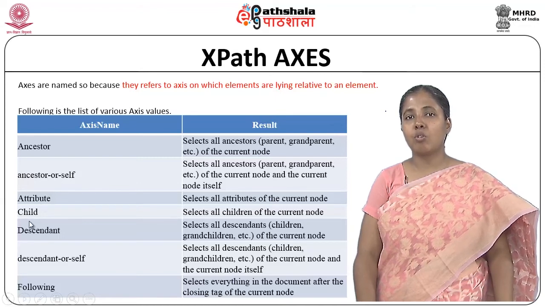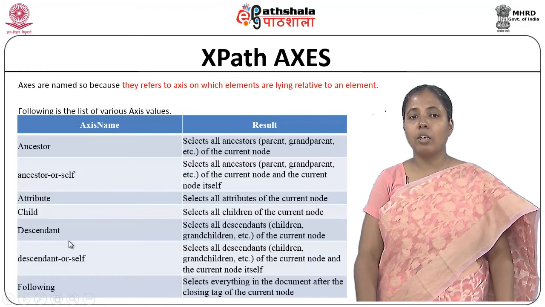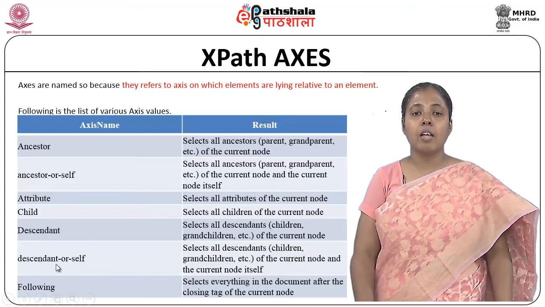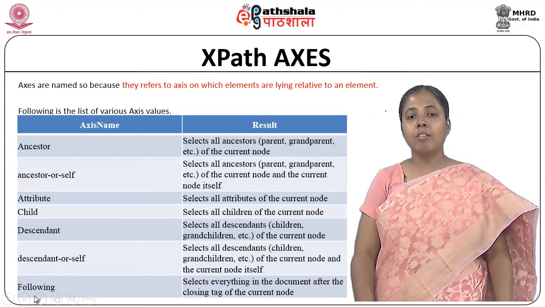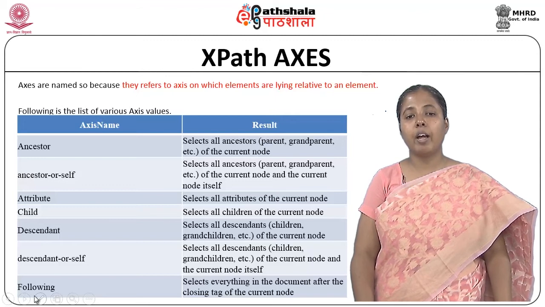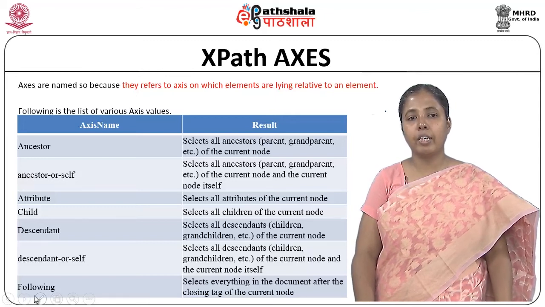Child selects all children of the current node. Descendant selects all descendants of the current node. Descendant means the children or grandchildren. Descendant-or-self selects all descendants of the current node and the current node itself. Following selects everything in the document after the closing tag of the current node.